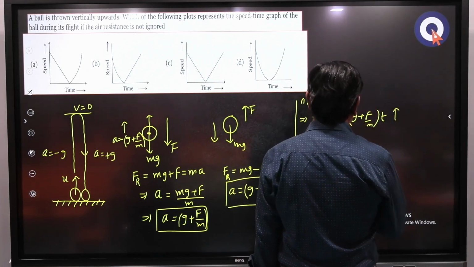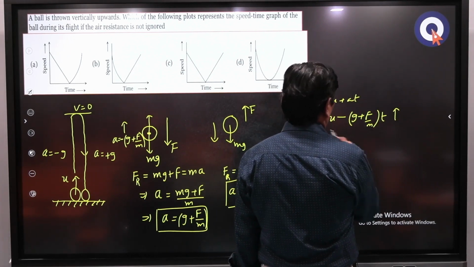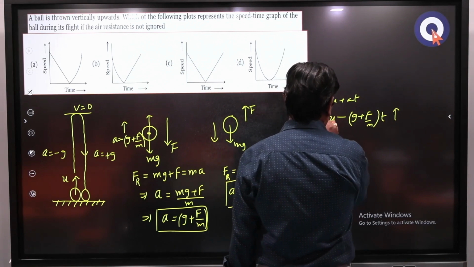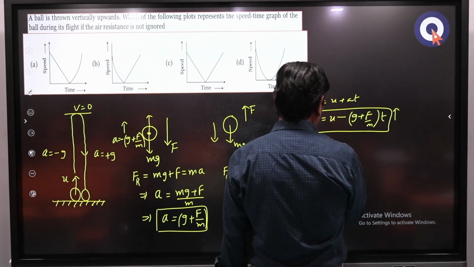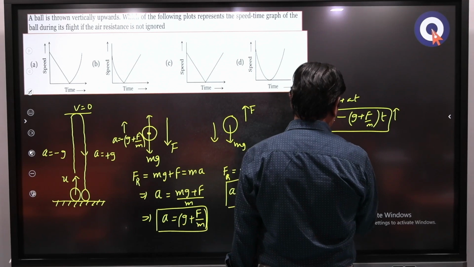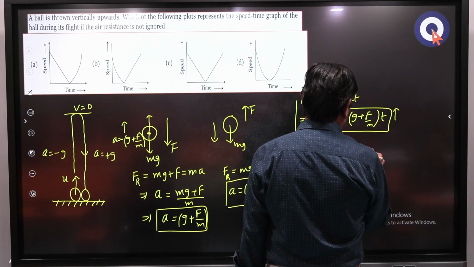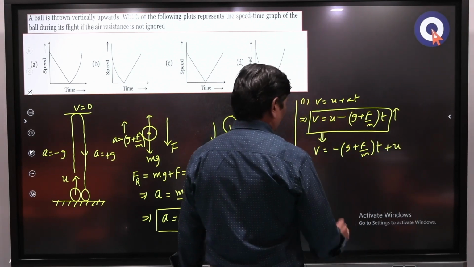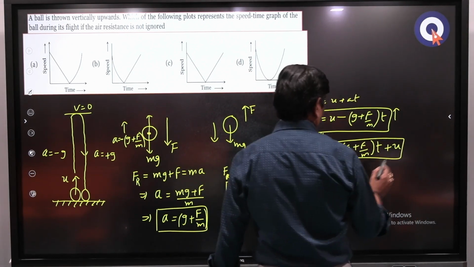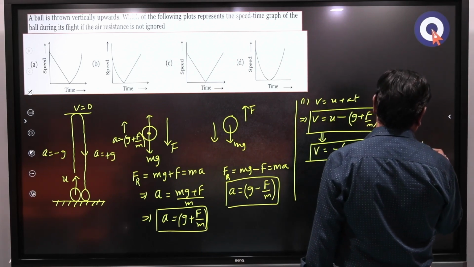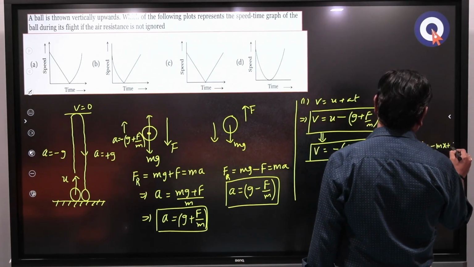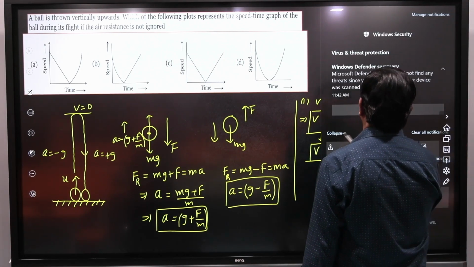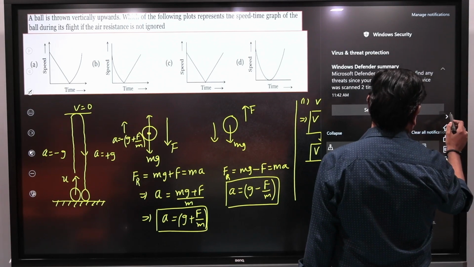Okay. So what is the relation between velocity and time? When you rearrange this equation, it will be like this: V is equal to minus of G plus F by M into T plus U. Okay, like y is equal to minus mx plus c.